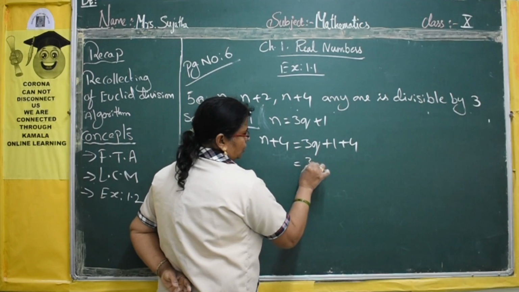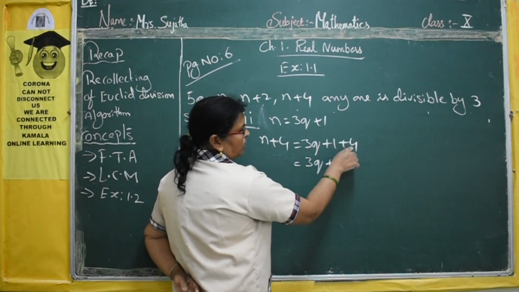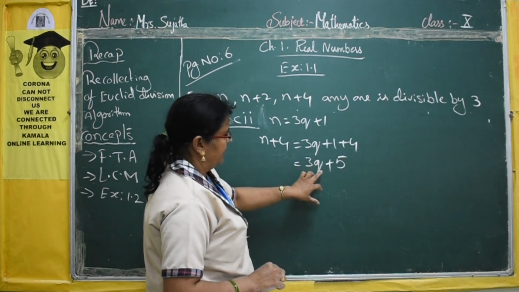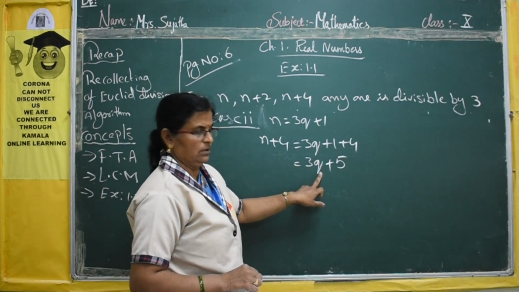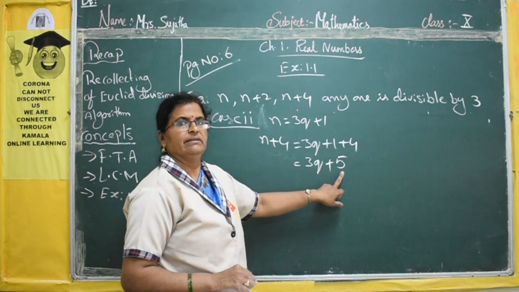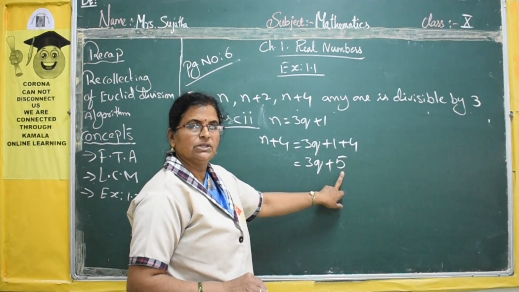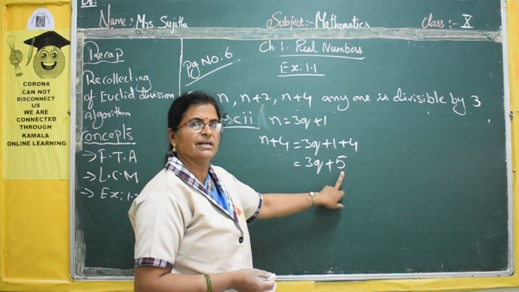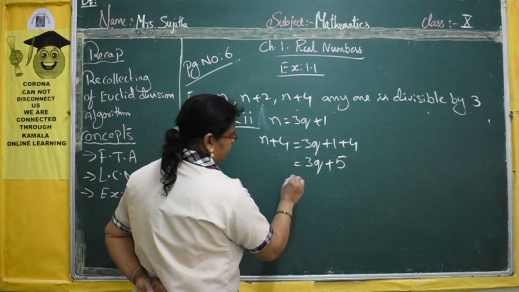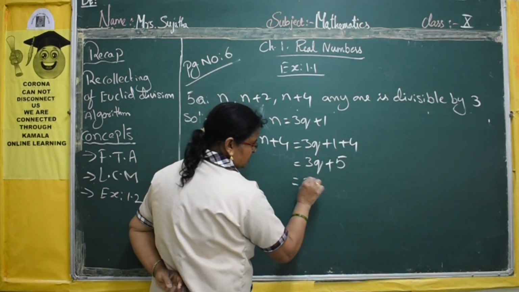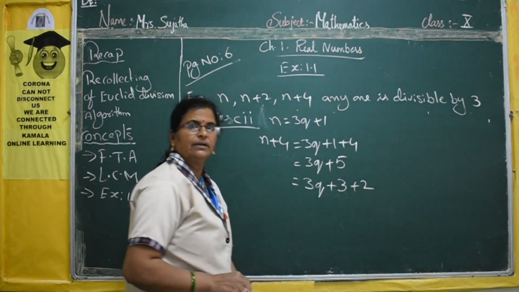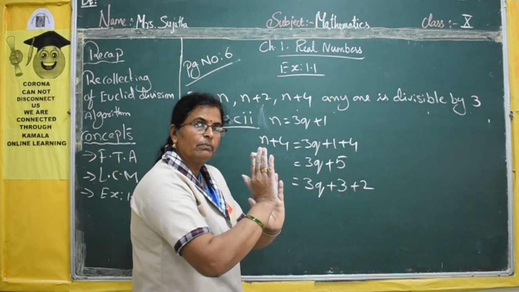Now 3q plus 4 plus 1, 5. So if you take q is equal to 1, 3 ones are 3 plus 5, 8. Is 8 divisible by 3 with remainder as 0? No. So how can you divide this one? 8 like this you are getting, means 3q plus 3 plus 2 you can divide into. The remainder we have to make separate.